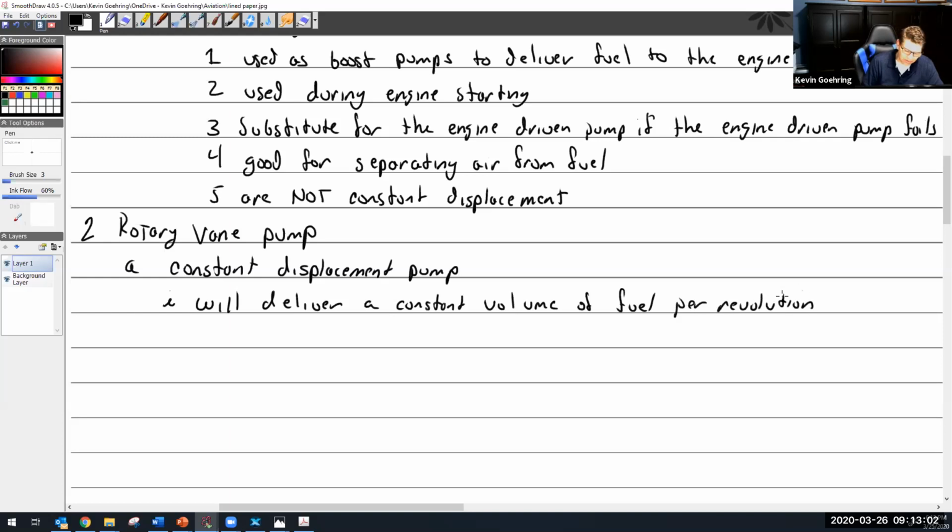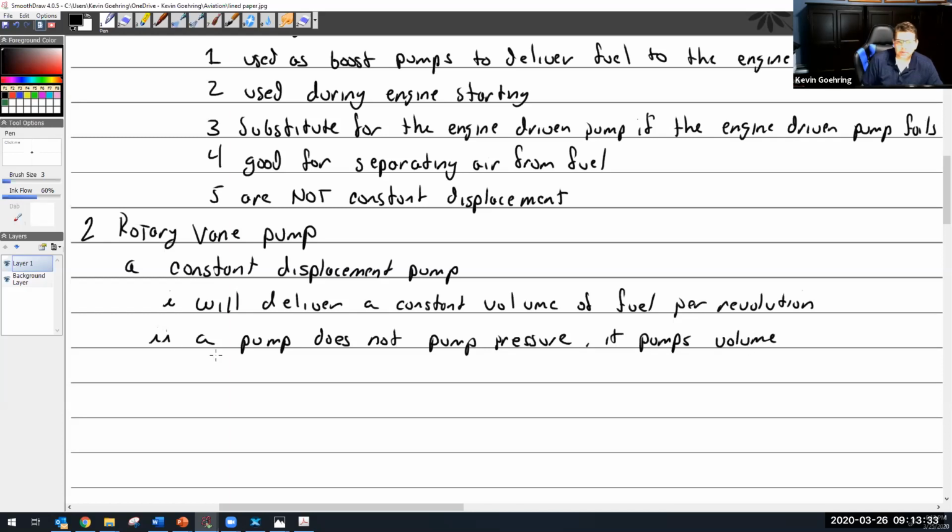That's the name, constant displacement. A pump does not pump pressure. I cannot understate that. Pumps do not pump pressure. It pumps volume.